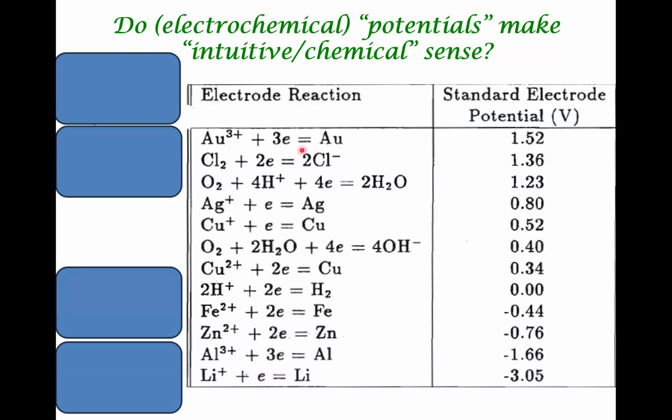Whereas if you implement delta G equals minus nFE for the gold system, that delta G will be very negative, meaning that this reduction is very favorable. And when delta G is unfavorable, the reduction is unfavorable. So this is interpreting the reduction potentials in a simple high school inorganic chemistry sense.